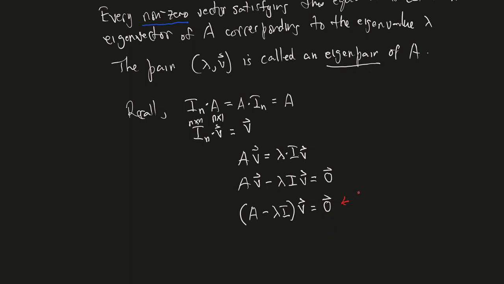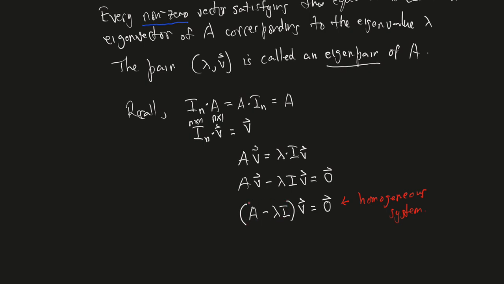Now, this matrix in front is A minus a constant times the identity matrix.